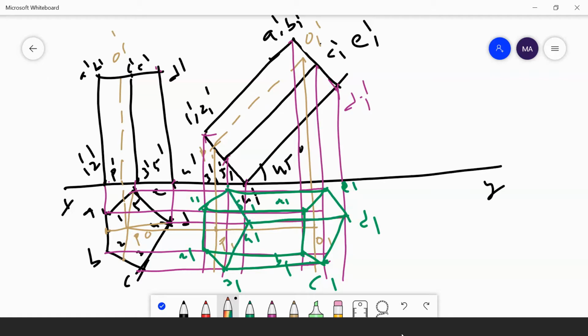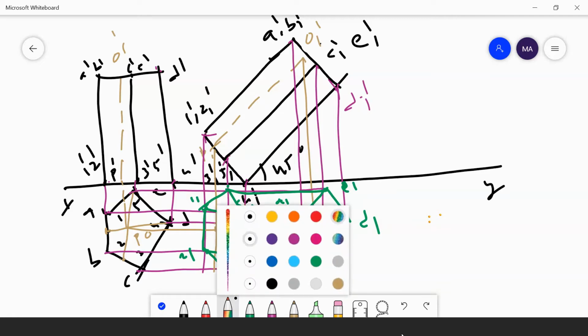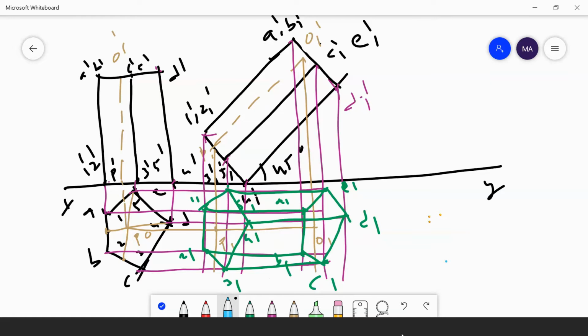Now, is this color visible to you, or can I change the color? I will take the blue color for hidden lines.